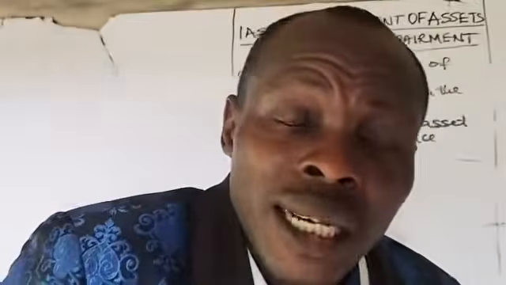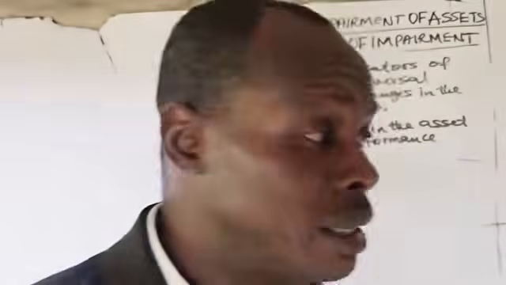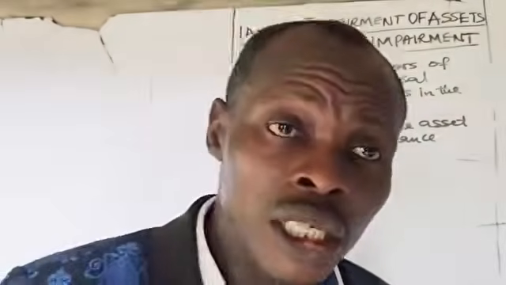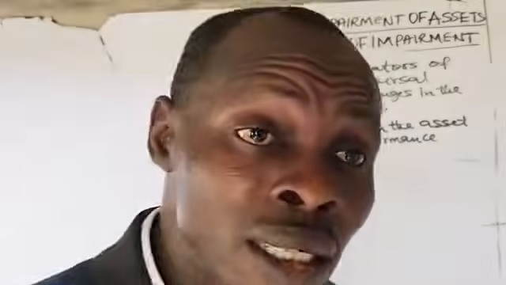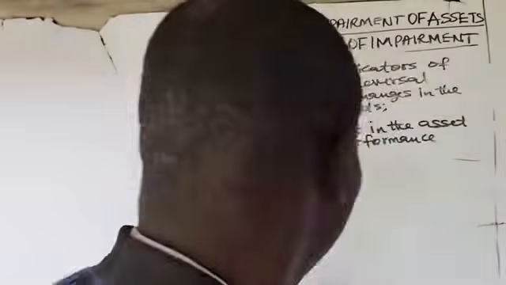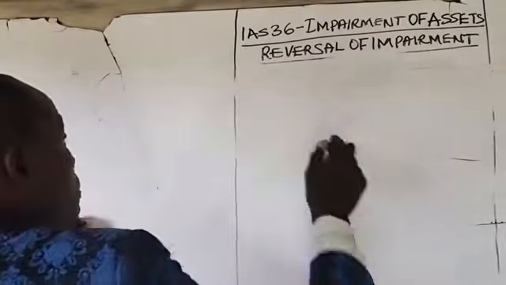The performance of the asset has improved. And where the performance of the asset improves, then that means the asset value would improve. And where the value increases, then that means the impairment loss you have granted in the past may need to be reversed. We want to consider the conditions for reversing the impairment.